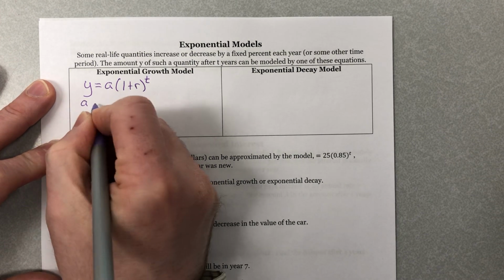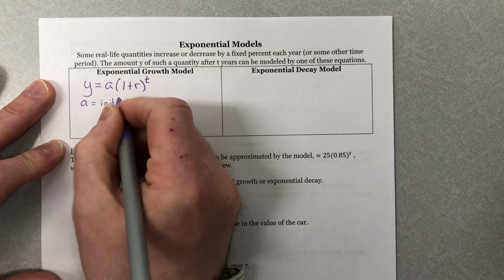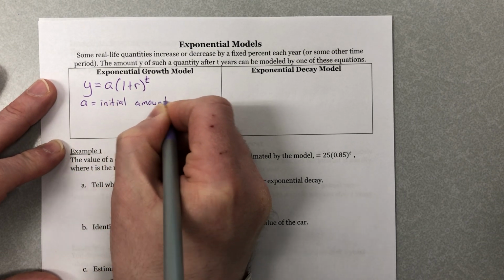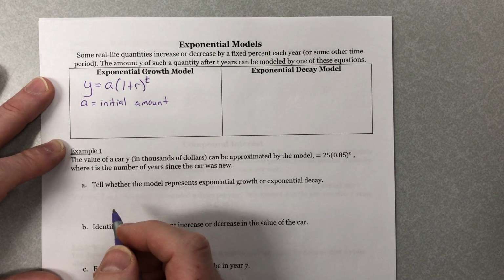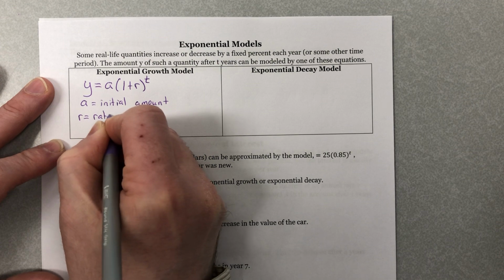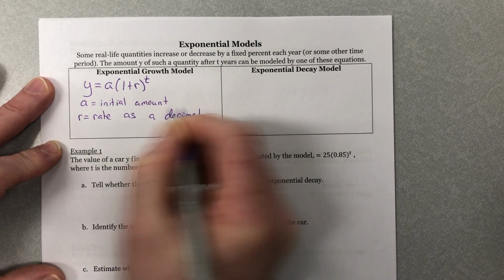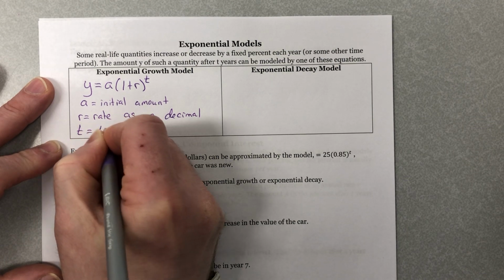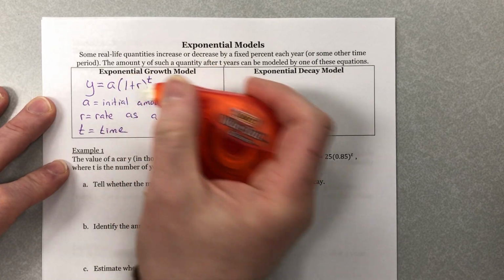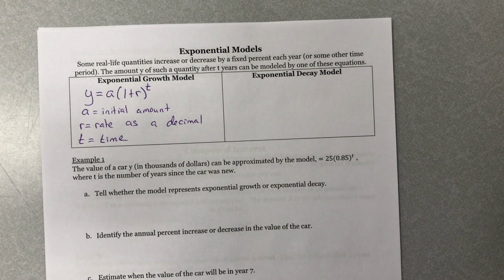A is the initial amount, r is the rate, and this is important, as a decimal, and t is time. That would be an exponential growth model.